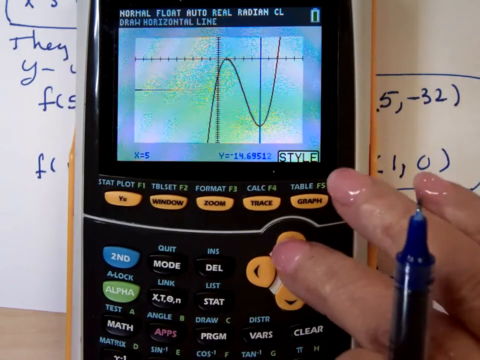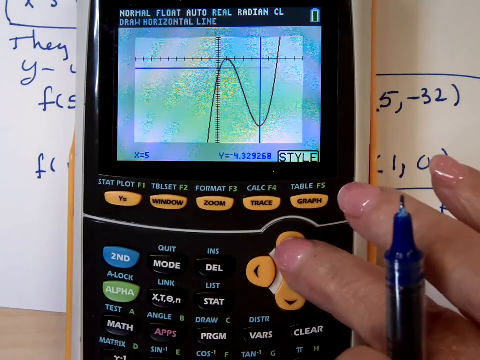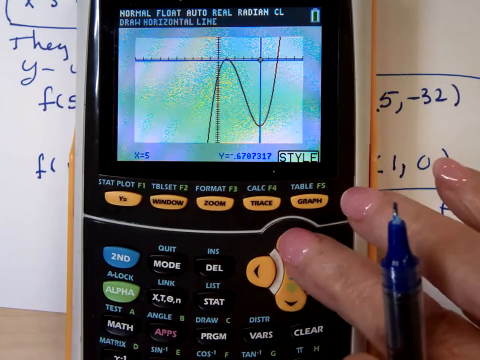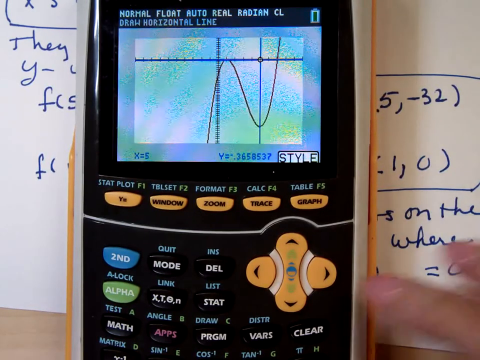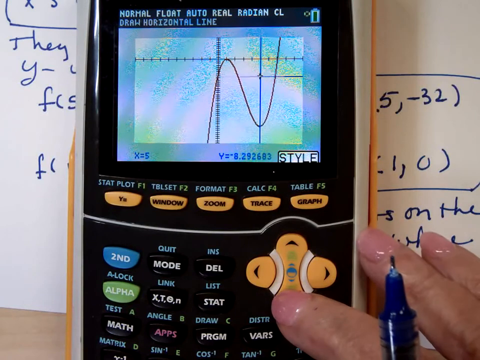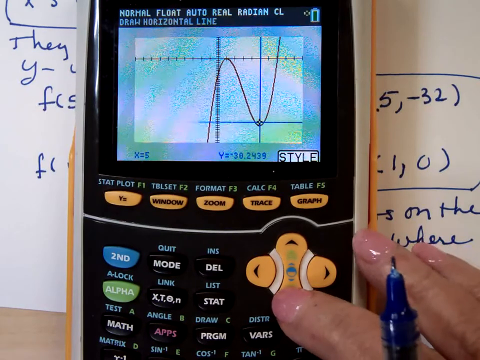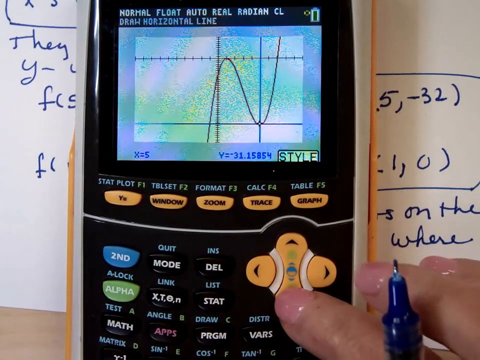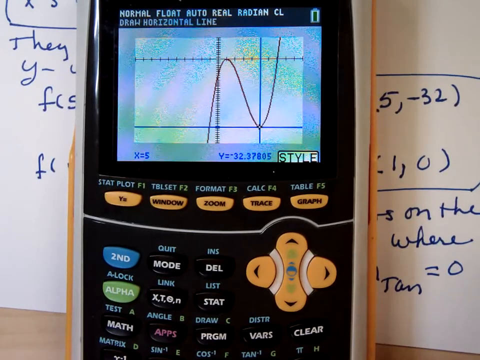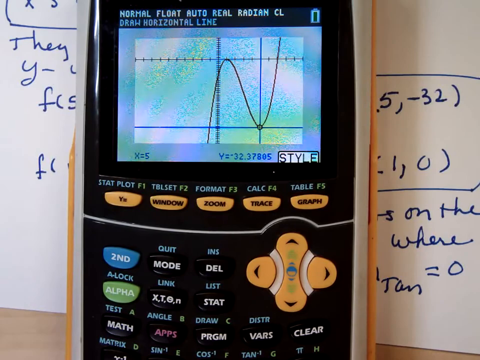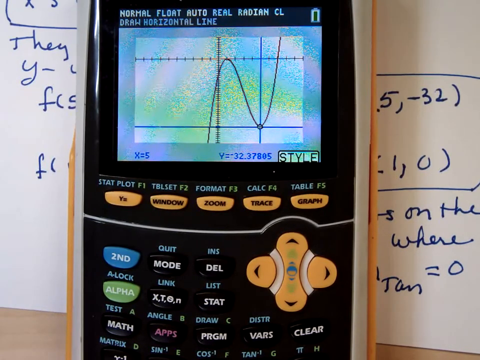And if I go up here to the x-axis, a horizontal line has a slope of 0. You notice that at that hill, it's got a slope of 0. And at that valley, it's got a slope of 0. So when I set the derivative equal to 0, I'm finding maximums and minimums.